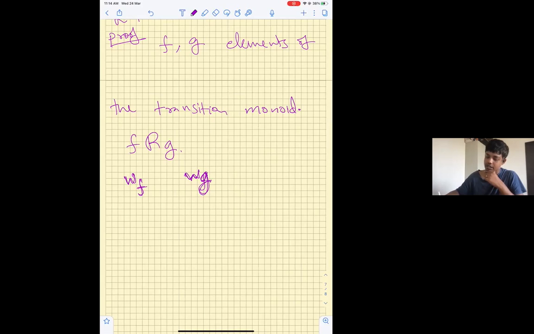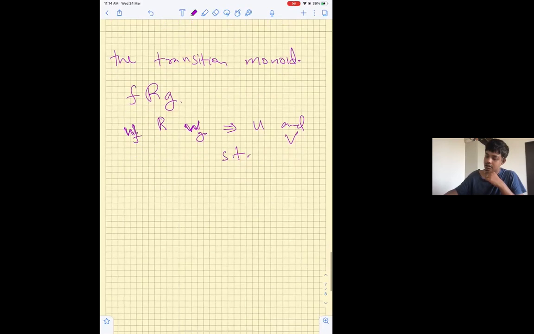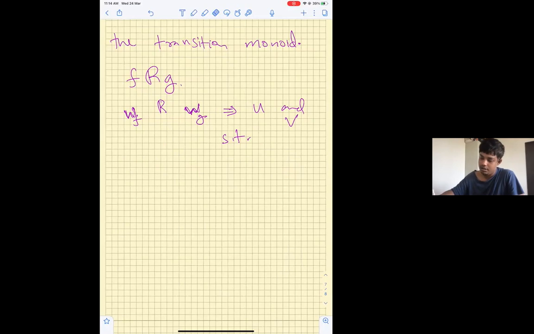WF is a word on which you get the transformation F, and WG is a word on which you get the transformation G. Now if they are equivalent, it means that there exist some words U and V such that... maybe let me try it some other way.